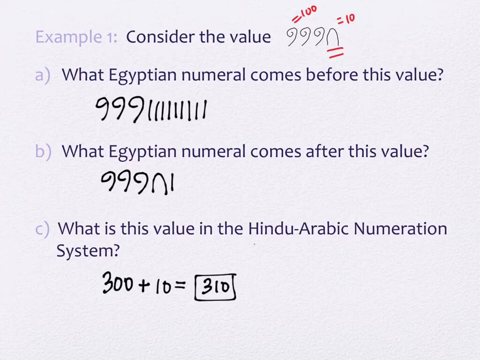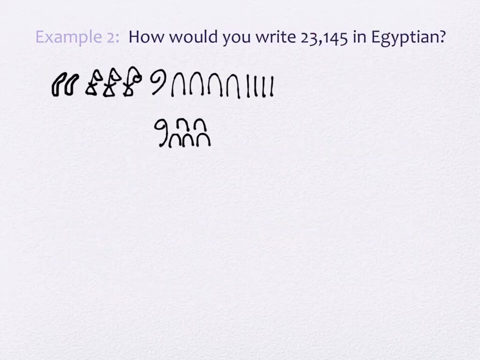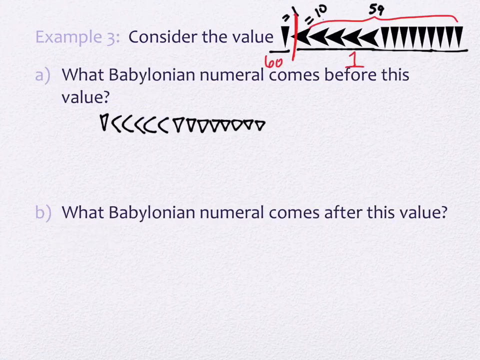I mean, we do it in our system too, we just don't think about it that way. But over here, I didn't need to regroup to remove something. I could just take that one off. It was no problem. But what would have to happen to make the 59 in the ones place 1 bigger? You would think about adding one of the triangles. But now how many triangles do you have?